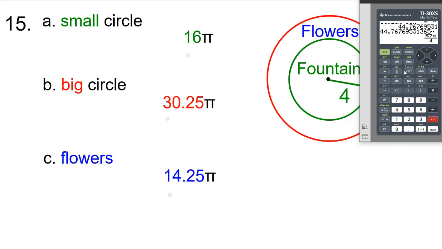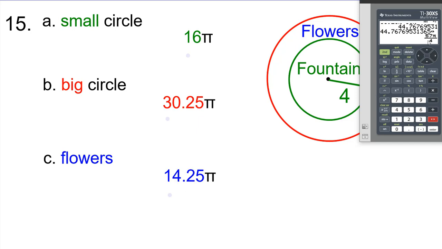Here, the calculator wants to give it as a precise fraction and pi. But 57/4 is not as easy for us to understand as 14.25. So 14.25 pi has the precision and hopefully the understanding of what that value might be. It's precisely in terms of pi, and we have a decimal instead of a fraction.